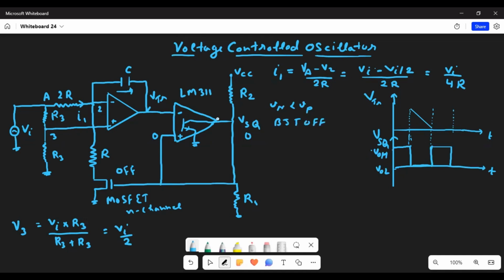So the VSQ value will no longer be 0, but will be VOH, equal to VCC R1 upon R1 plus R2. This will turn the MOSFET on.